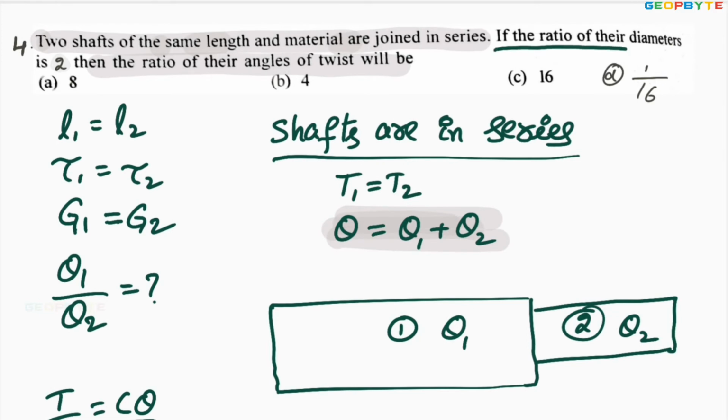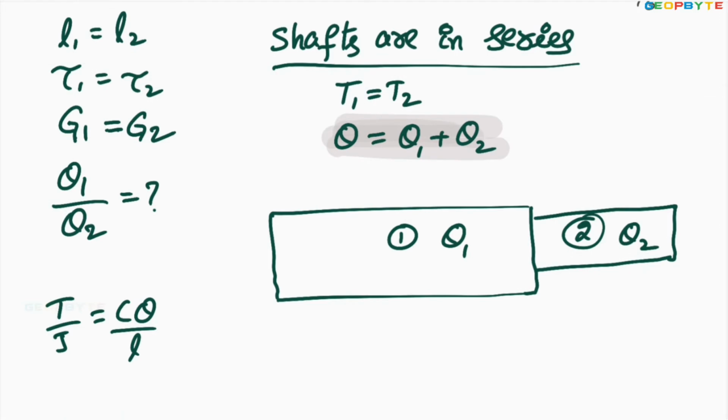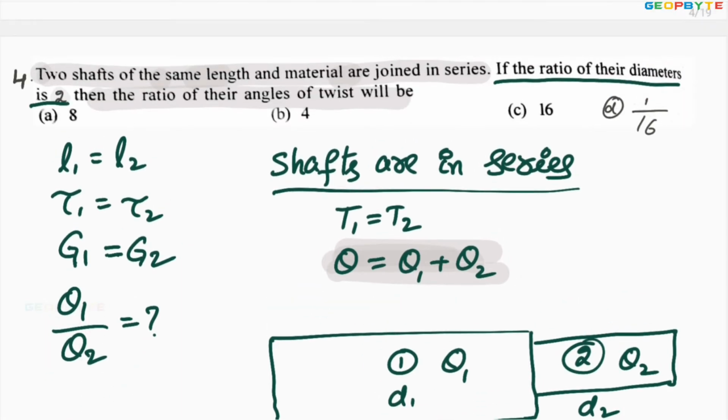The ratio of diameters is given. Let us assume D1 be the diameter of the first shaft, D2 the diameter of the second shaft, D1 by D2 given equal to 2. Yes, D1 by D2 is 2.